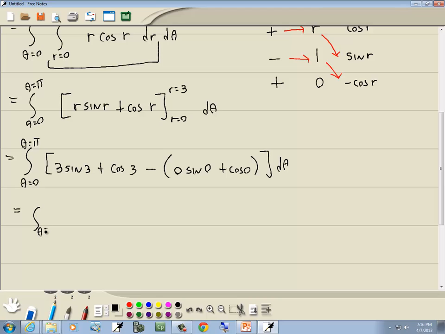So we're going to have theta from 0 to pi, and we'll have 3 sine 3 plus cosine 3. Now 0 times sine 0 drops away. Cosine of 0 is 1, so that gives us a negative 1.